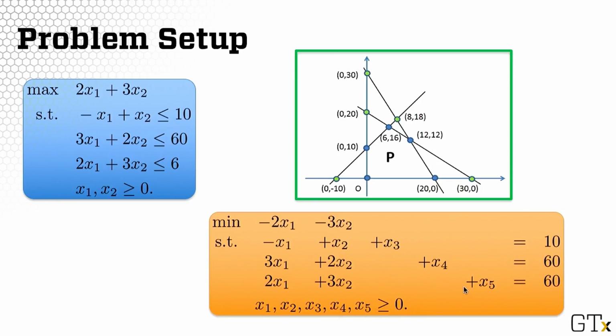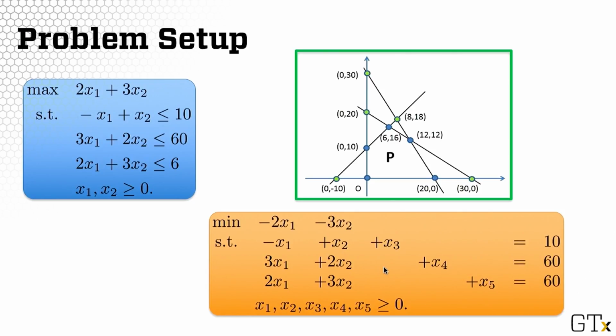This is the identity matrix, so it has to be invertible, so this has to be a basis matrix. The corresponding basic solution is 10, 60, 60 for x3, x4, x5, and 0, 0 for x1, x2. It satisfies all the constraints, because it satisfies the equality constraints and all the non-negativity constraints. So that is a basic feasible solution, and an easy one to find. Using that, we can start simplex method.